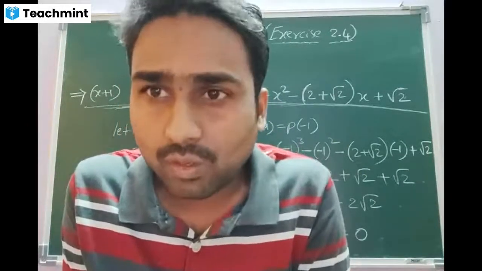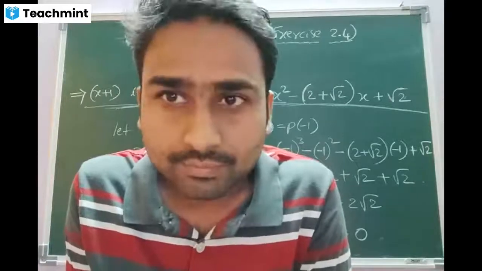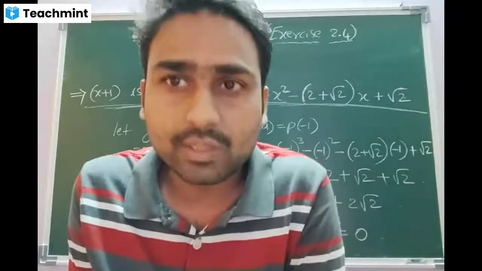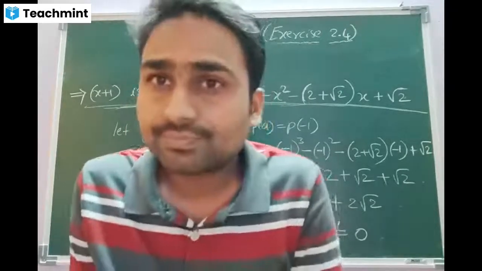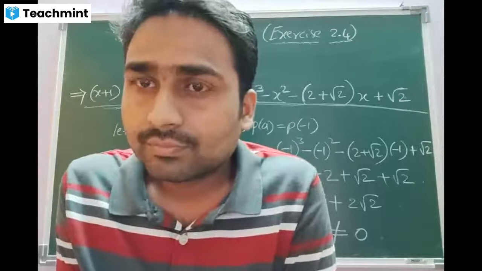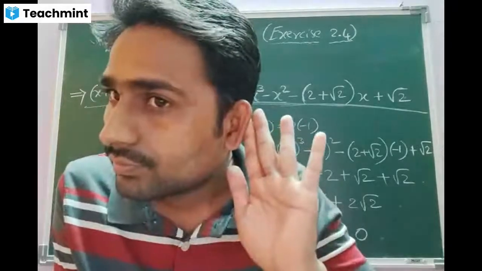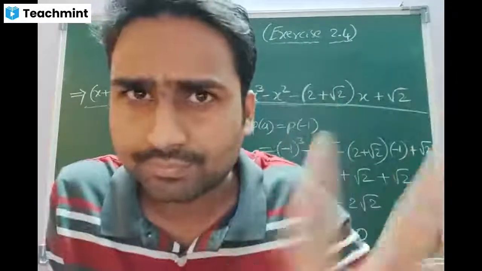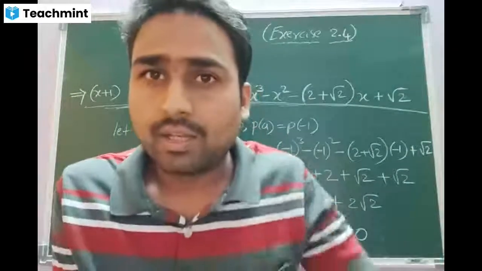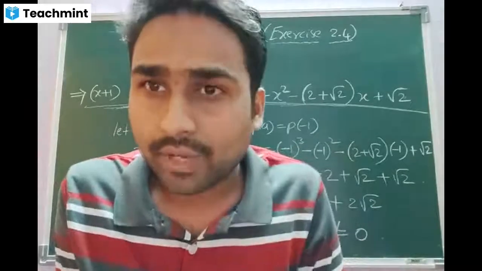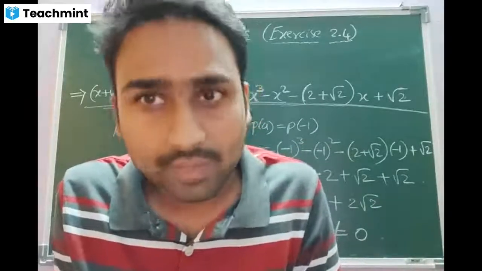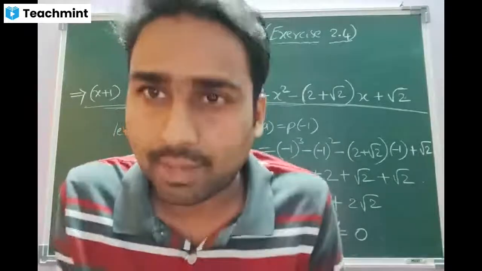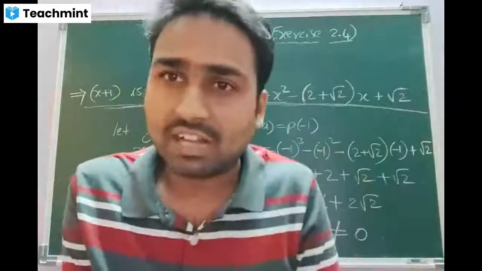Everywhere we solved for p of a, which is nothing but the remainder for the division. Can you hear me? Yes, sir. Depending on the final answer of p of a, if p of a comes 0, Zindabad. If p of a comes not 0, Murdabad. Concept is clear?